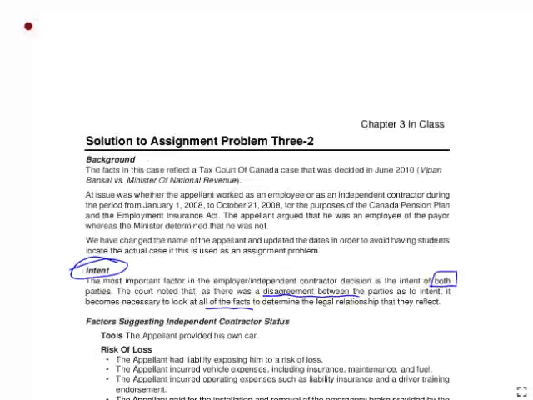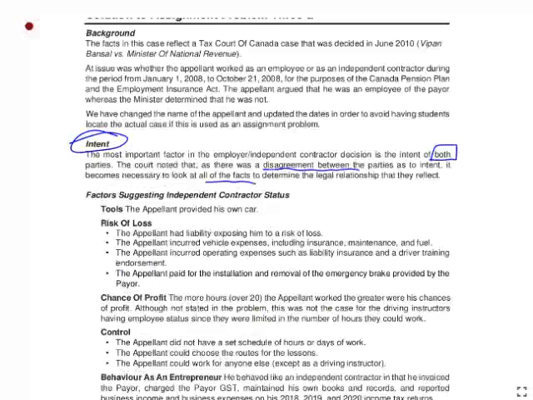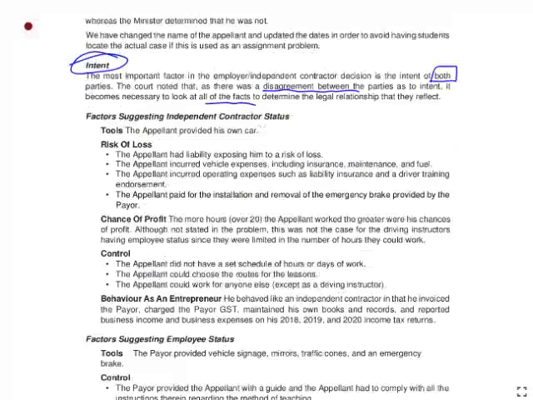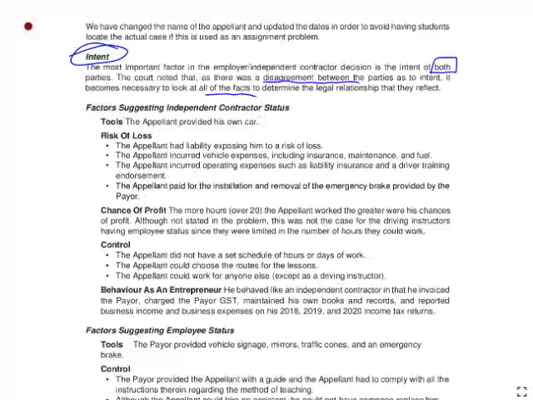They want to get those benefits they would have got if they were treated as an employee, because employees have all these extra protections and benefits. So number one is intent. Once we've cleared that, then we're going to get into the list of all the other stuff.